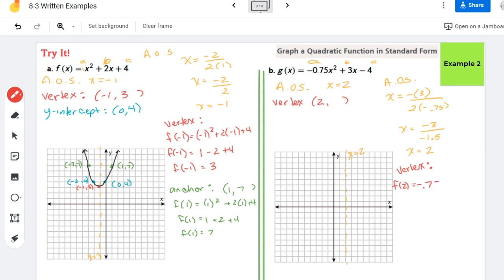I have negative 0.75 times 2 squared plus 3 times 2 minus 4. So 2 squared is 4, and negative 0.75 times 4 is negative 3. 3 times 2 is 6, and that minus 4 comes down. When I collect those like terms together, I get a -1 for my y value.